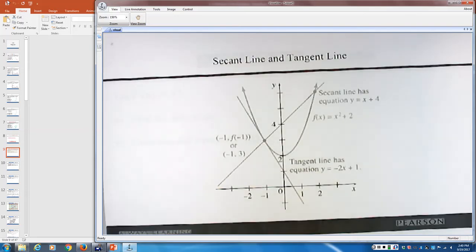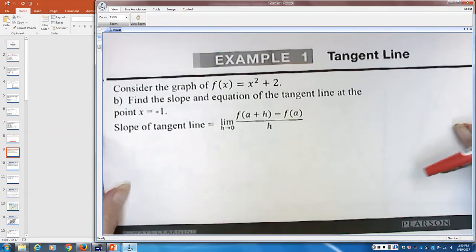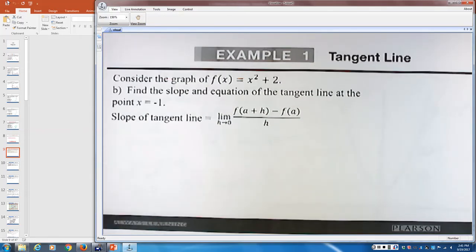I'm actually going to sketch it back up here for you in a second. Just going to trace over it so we have it in front of us.